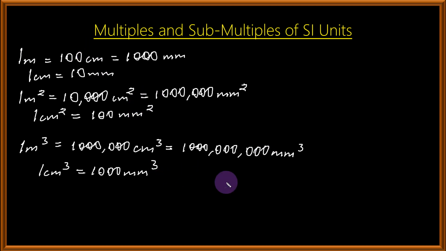And this is how we would be able to convert meters into centimeters and into millimeters, or meter squared into centimeter squared and into millimeters squared, and vice versa, and also from meters cubed to centimeters cubed to millimeters cubed, or from millimeters cubed to meters cubed or to centimeters cubed.